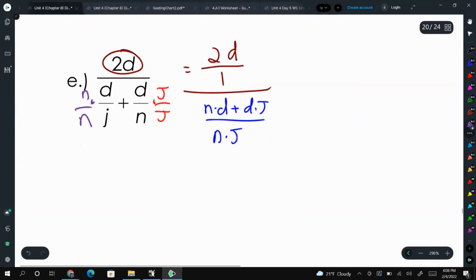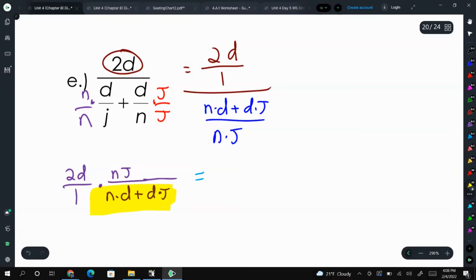So now we're going to rewrite this as 2d over 1 times n times j over n times d plus d times j. In the denominator right here, we can factor out a d because they both have a d in common.